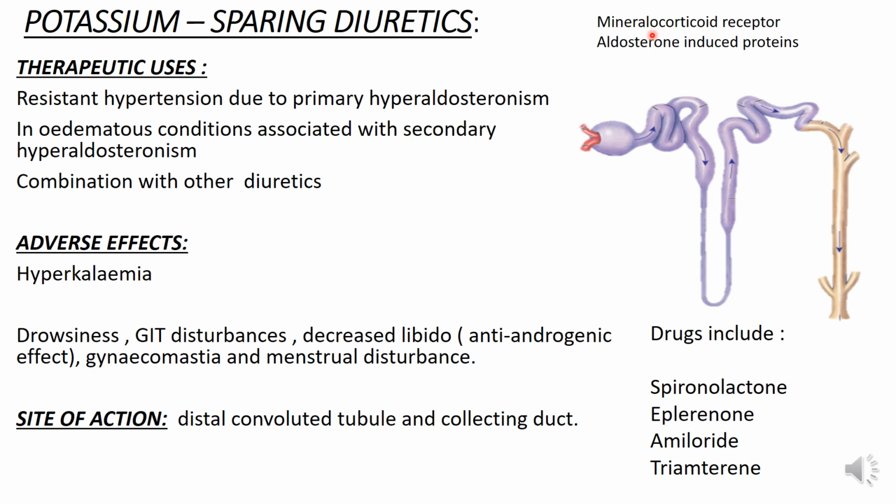Once this complex is formed, it enters the nucleus, and in the nucleus it leads to the formation of aldosterone induced proteins. You may also call it AIP. Now what's the function of AIP?